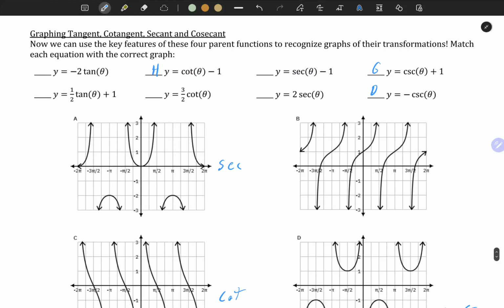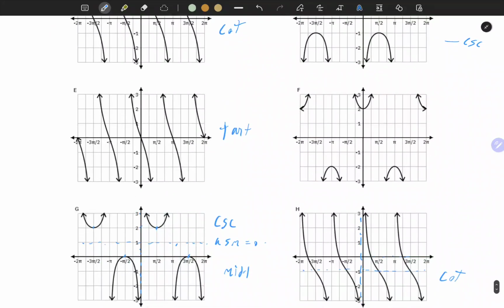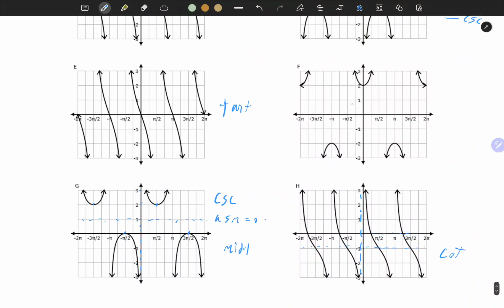This is a two amplitude secant. No, it is not. Wait. No, there's a midline at negative 1 here, so we know that this is A. Alright, let's look at our 2 secant. This seems to be our 2 secant because it has an amplitude of 2.